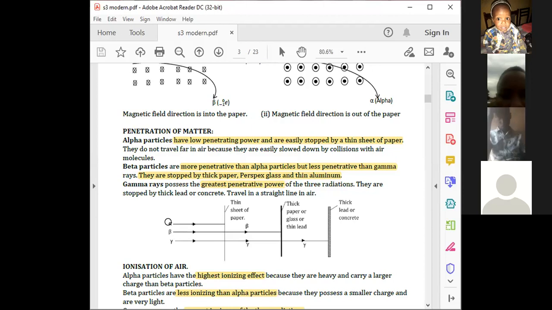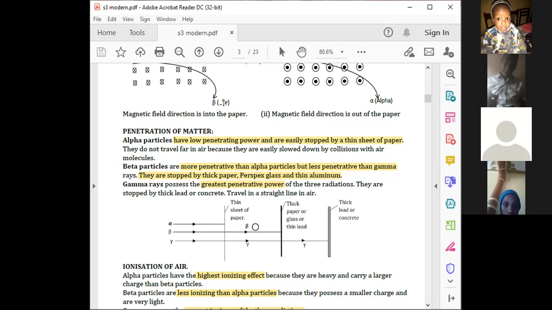So when the alpha particles are sent, they meet the first barrier. What kind of barrier is this? We are claiming it is a thin sheet of paper. The alpha particle will only stop at this point, whereas beta continues, meaning it penetrates through, and then cannot penetrate through the aluminum foil.